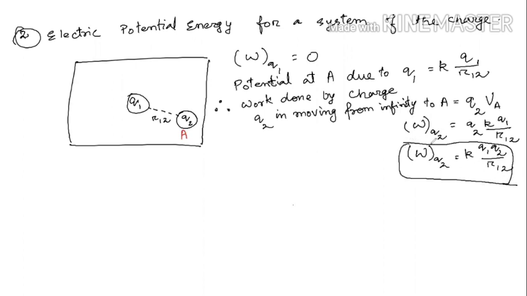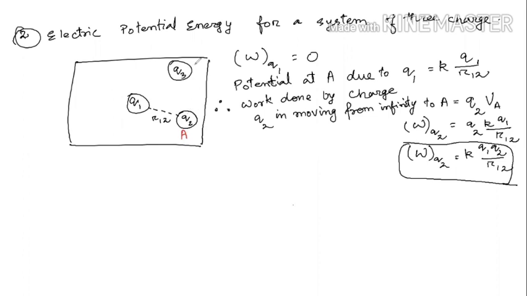But since we are doing it for a system of three charges, we have to bring another charge, let's say Q3. This is my third charge, which is brought in this space. Now Q3 will experience a potential due to both the charges Q1 and Q2.